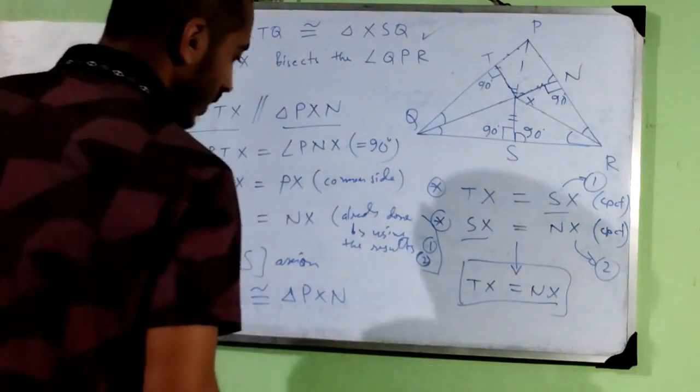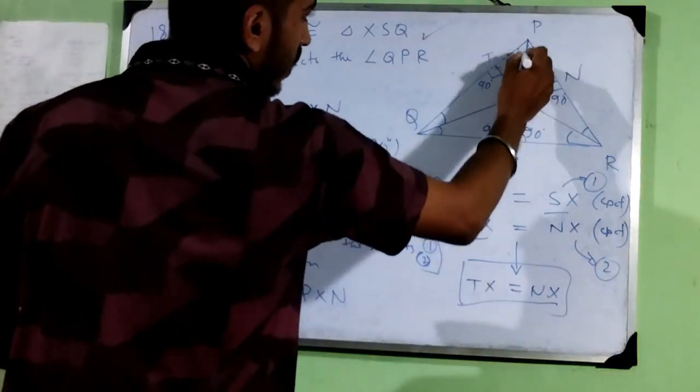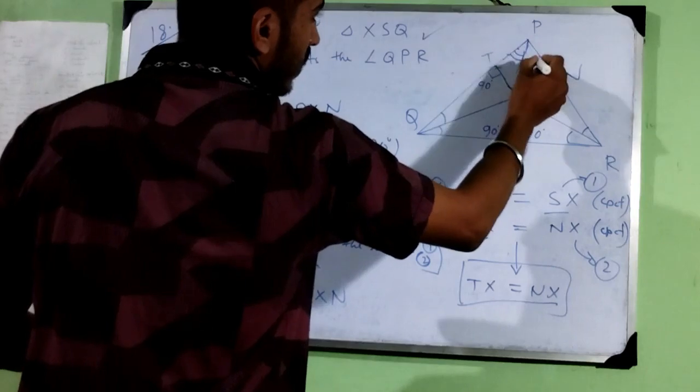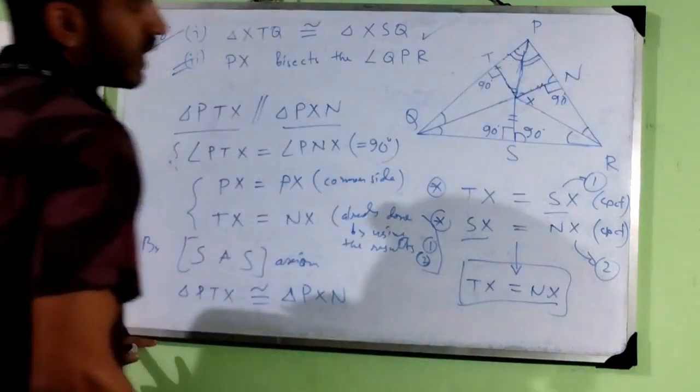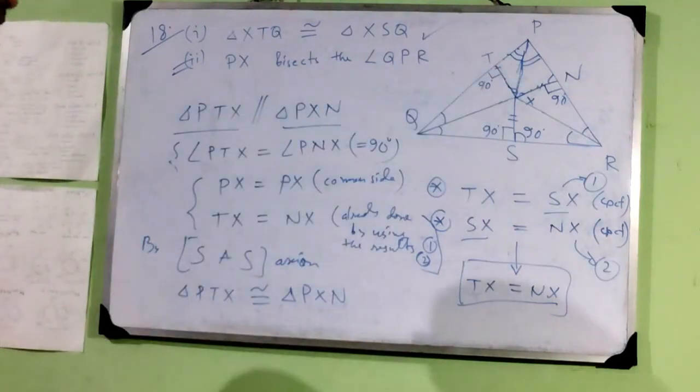So from congruency we can write, this angle is equivalent to that angle, because they are corresponding angles.